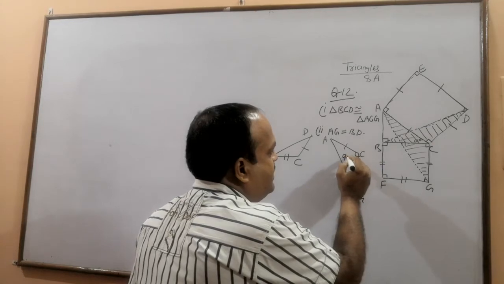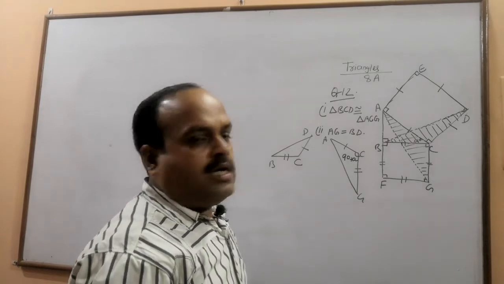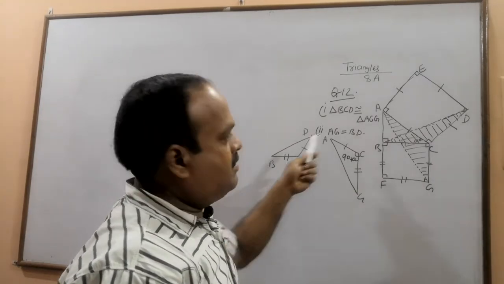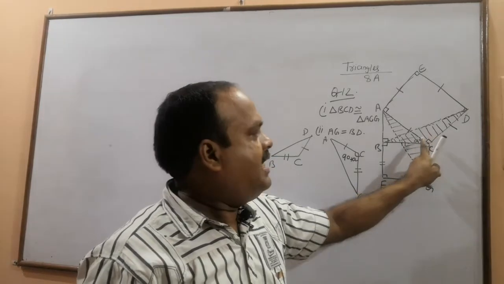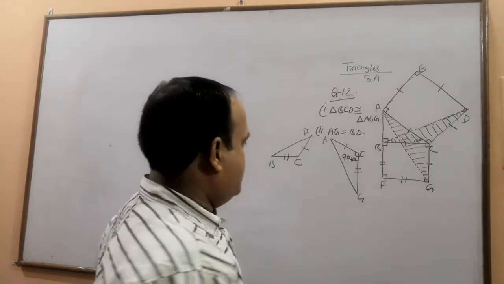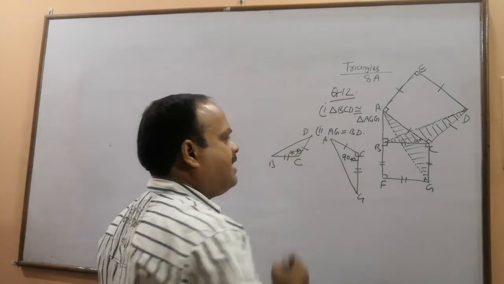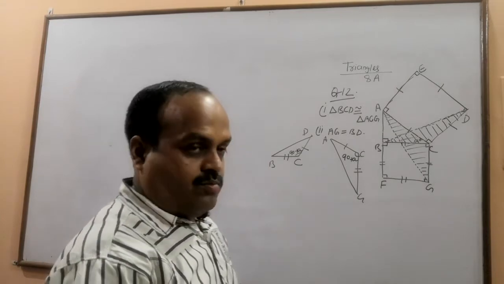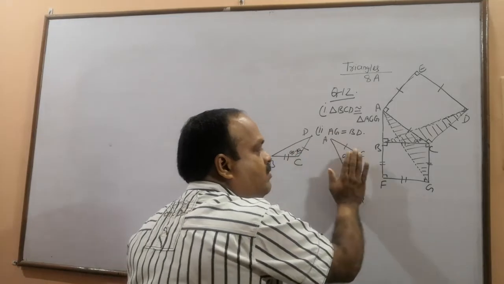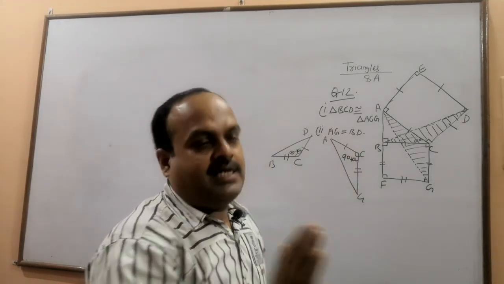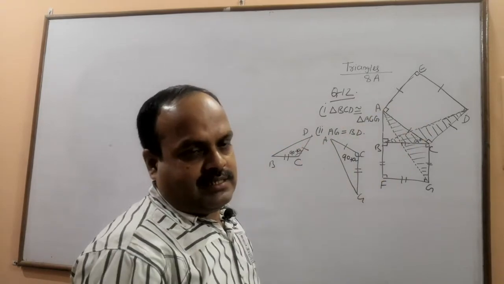So this will be 90 plus A. Now come to this angle. In the diagram, please see, this part is 90 degree and this part is A. So this will also be 90 plus A. So very easily now we have got 3 parts of this equal to 3 parts of this. Therefore the triangles are now congruent by SAS test.